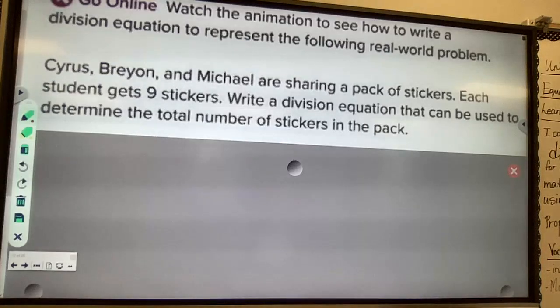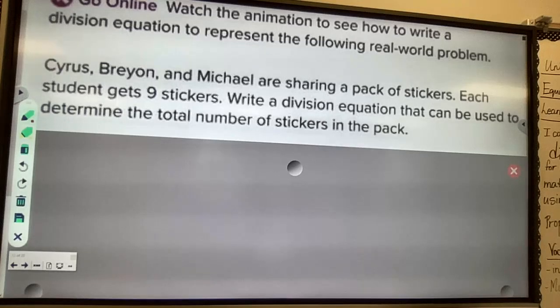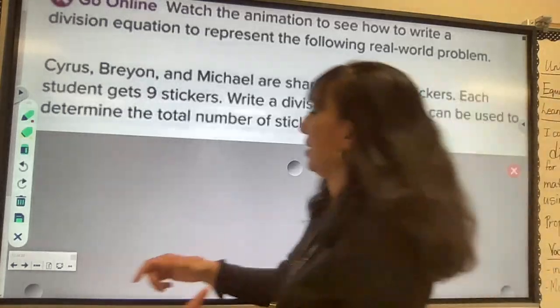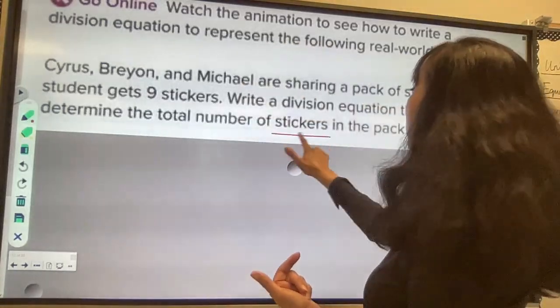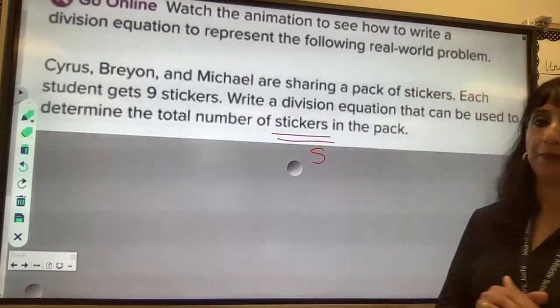We describe the mathematics in words: the total number of stickers divided by the number of students equals the number of stickers each student will receive. So let's call the variable S, which is going to represent the total number of stickers.